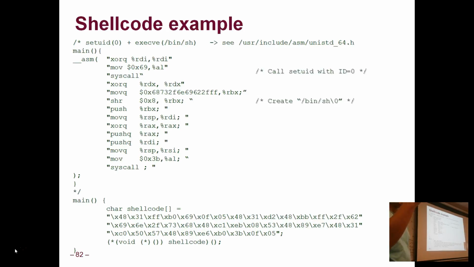So you can't really push a string onto the stack because it's got a null in it. In this case, you can do the ASCII for this: the 2F is slash, and then this is bin/sh, if you can parse hex.